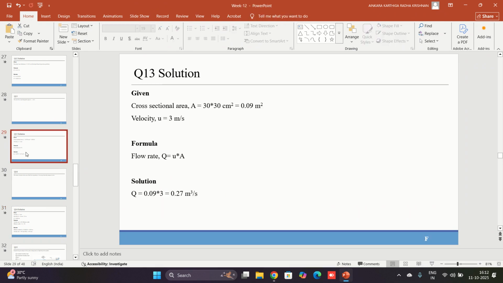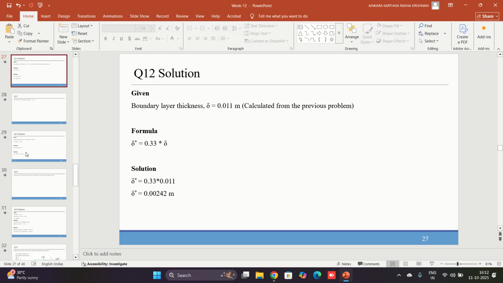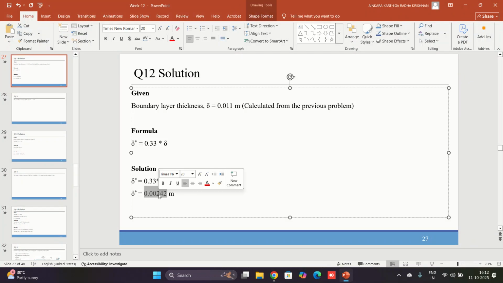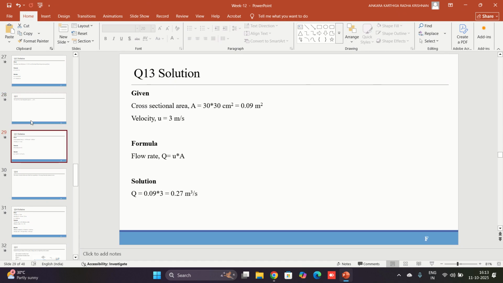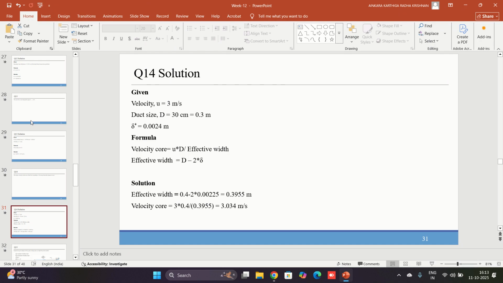It is not 0.024. 0.33 into 0.011, it is 363. 0.00363. So again here it is 363.